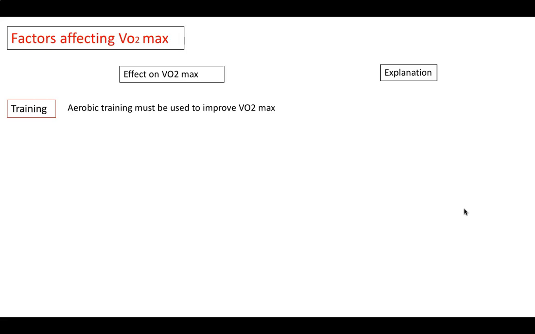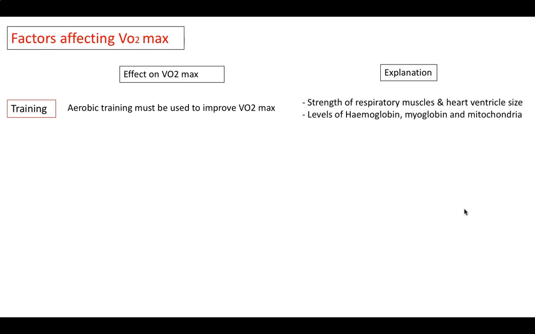The explanation in terms of what aerobic training causes, it improves the strength of our respiratory muscles, i.e. our diaphragm, internal and external intercostal muscles. It also increases the size of the left ventricle of the heart, so heart size increases. We have an improved level of hemoglobin, myoglobin, and mitochondria, which is going to help with oxygen delivery for aerobic respiration.